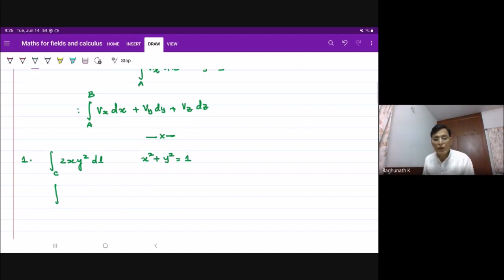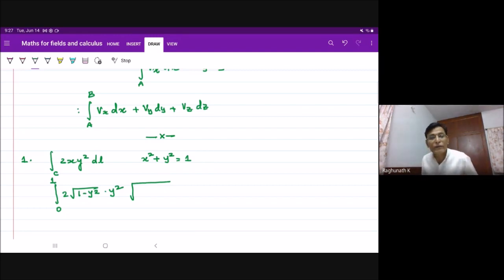Integral from 0 to 1, 2 into root of 1 minus y squared into y squared, and dl is root of 1 plus dx by dy whole squared into dy. I'm writing it everywhere in terms of y now.